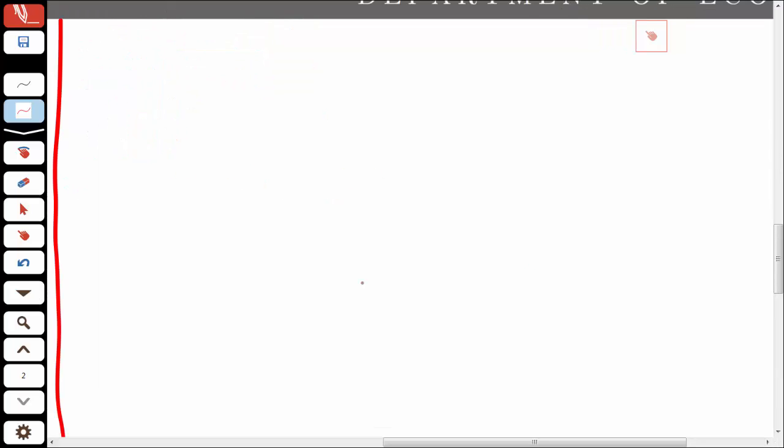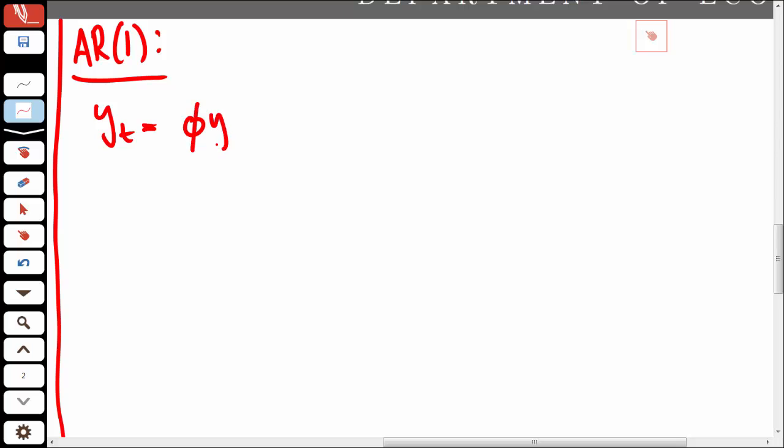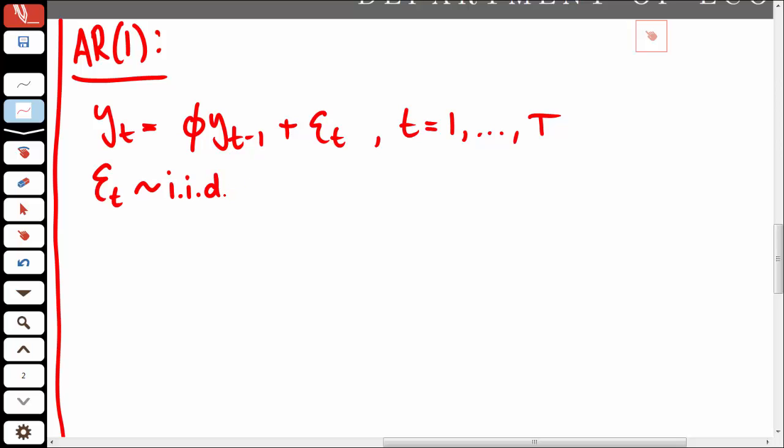Now we consider the autoregressive model of order 1. The model is given by y_t equal to phi times y_{t-1} plus epsilon_t for observations t equal 1 up to capital T. We assume that epsilon_t is independent and identically distributed over time with a normal distribution with mean 0 and variance sigma squared.